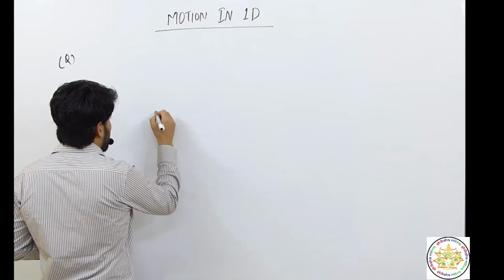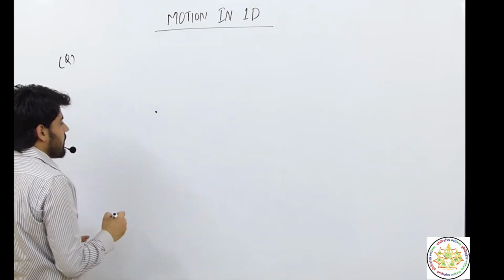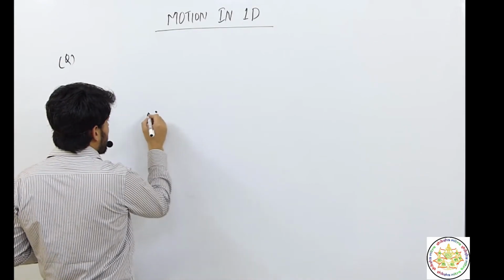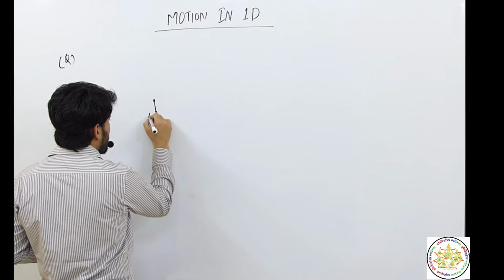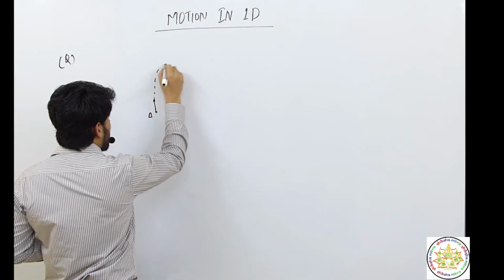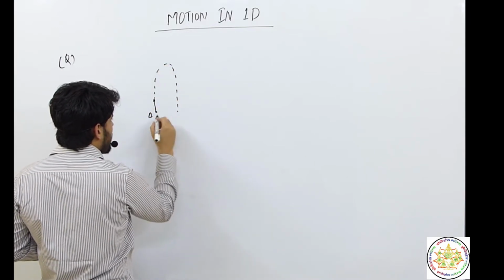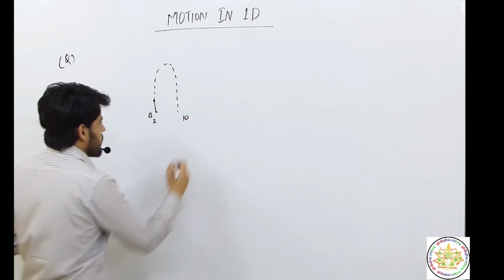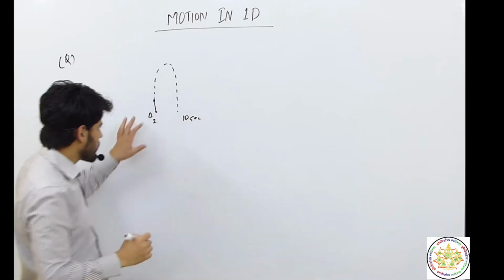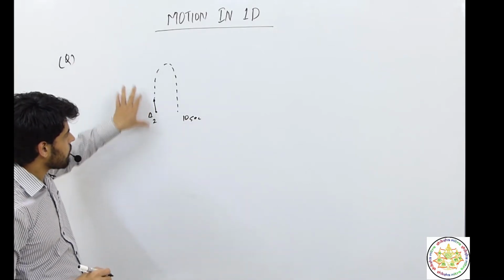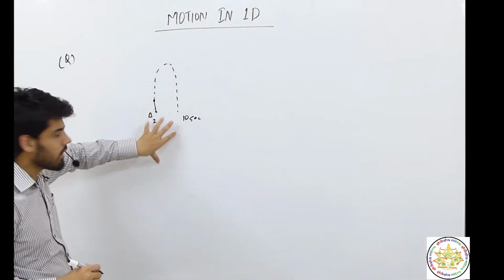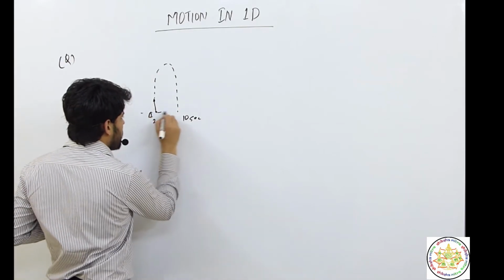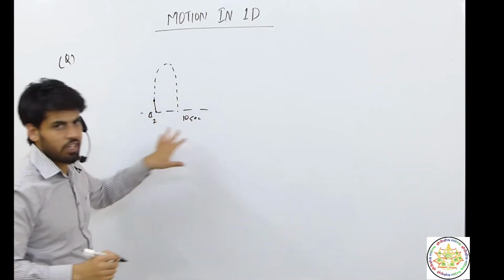The particle covers this point A, the same point, at 2 seconds and at 10 seconds. At the starting the time was 2 seconds, and when it comes down again, it crosses the same point at 10 seconds.